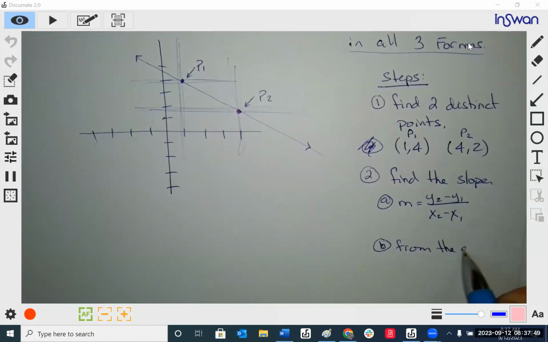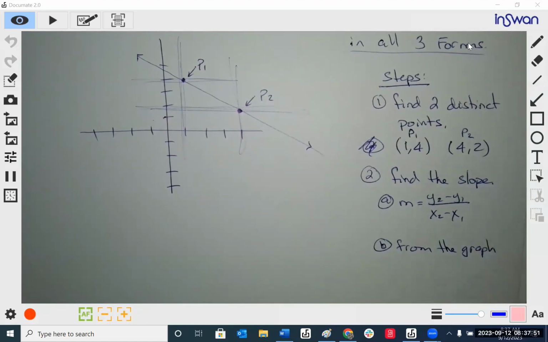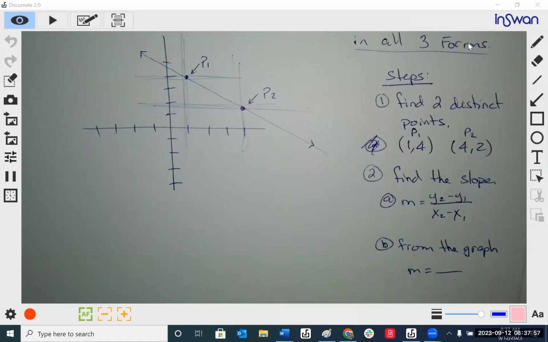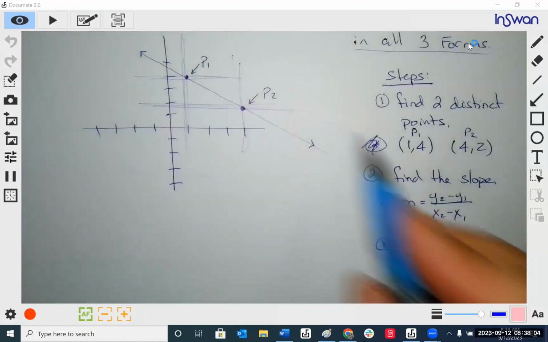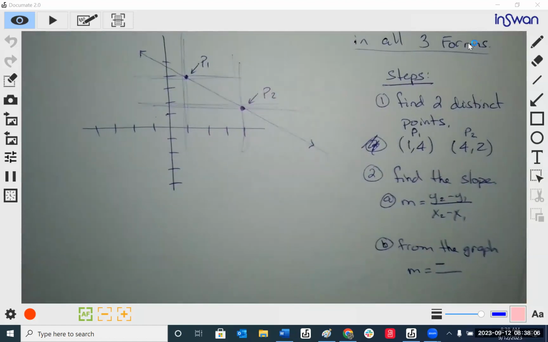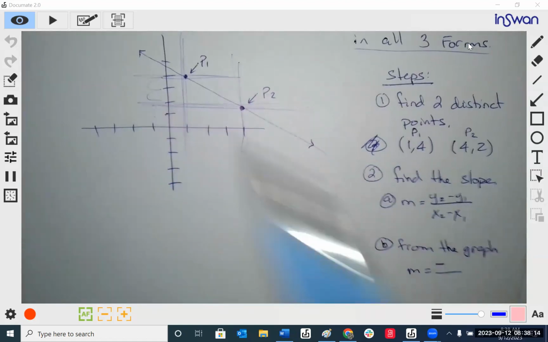Or you can get it from the graph. From point 1 to point 2, is it going up or down? It's going down, so it's negative. How far is it going down? How many steps? It's going 1, 2.